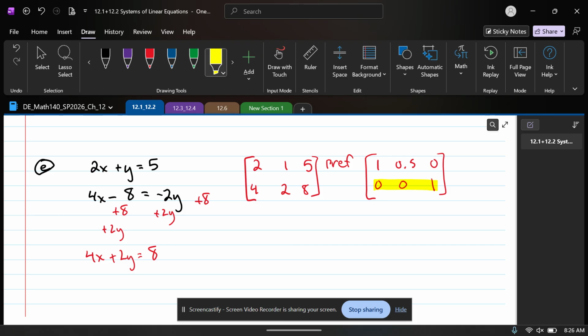Is there any way you could add 0 x's and 0 y's and get something other than 0? That can't happen. 0 times x is 0. 0 times y is 0. So if I'm adding 0 and 0, I can't get 1 back from that. So this bottom row tells me that this is a no solution problem.